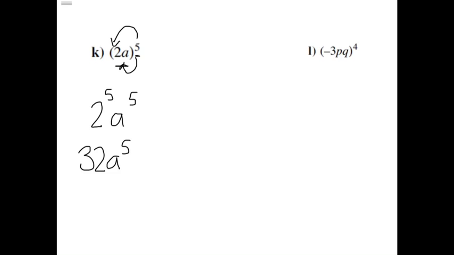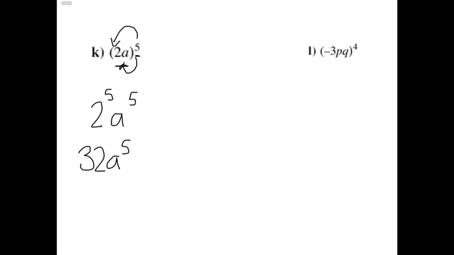You've got a whole bunch of stuff inside brackets that are going to be raised to the power of 5. That 5 is going to affect the 2 as well as the a. So this is essentially saying 2 to the power of 5 times a to the power of 5. When you expand out the 2, you should get 32 and then a to the power of 5.